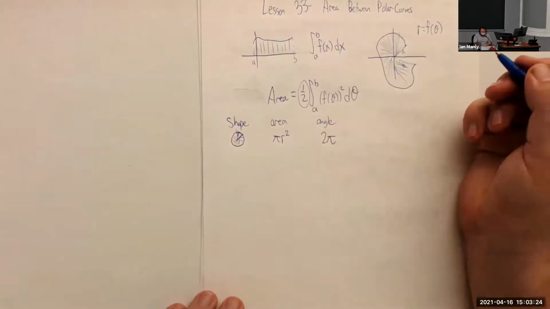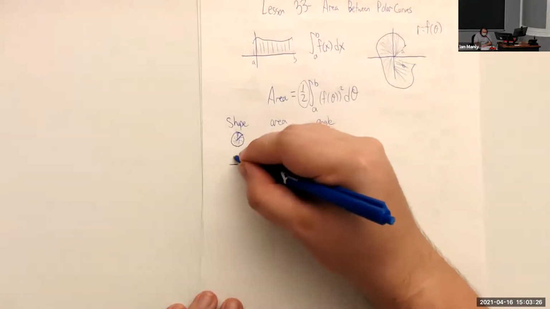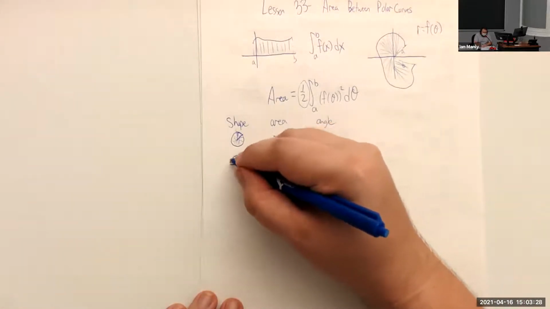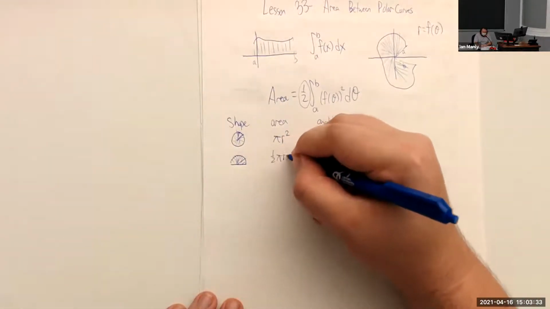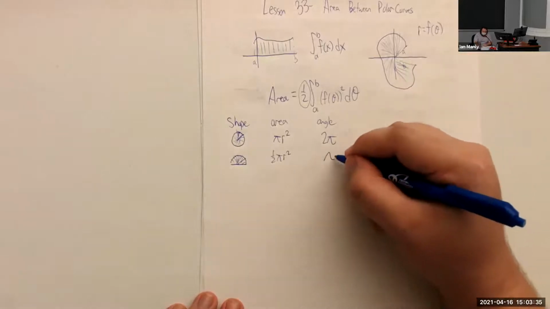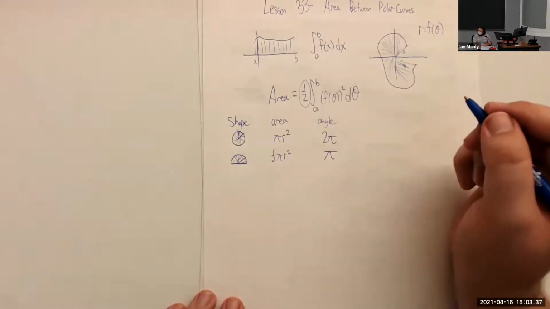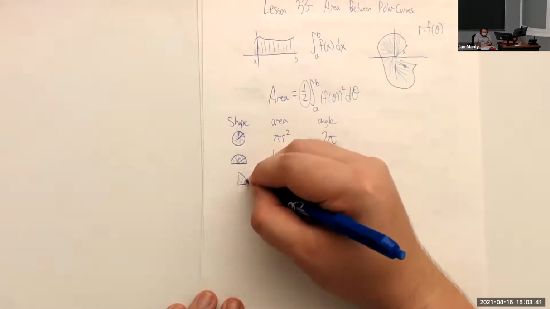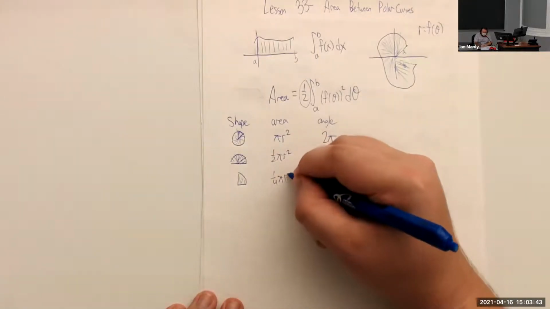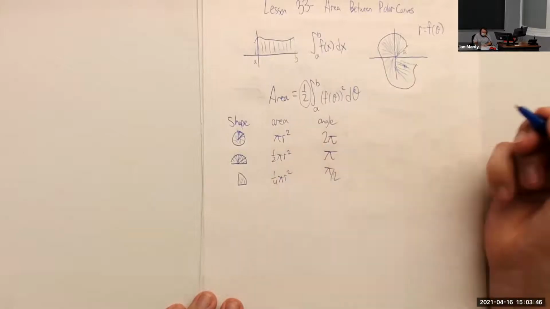It's going to be 2 pi. All right, so then let's say we have the half circle. The area of this will obviously be 1/2 pi r squared, and the angle that we go through is pi right here. And then if we have a quarter circle, something like this, that'll be 1/4 pi r squared, and we go through an angle of pi over 2.